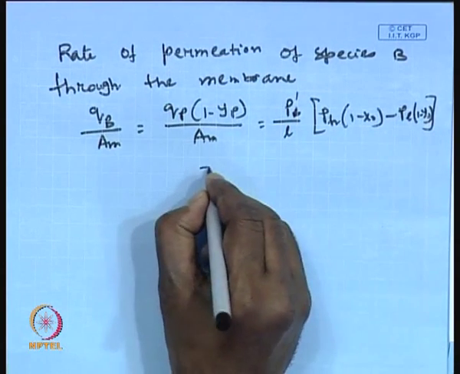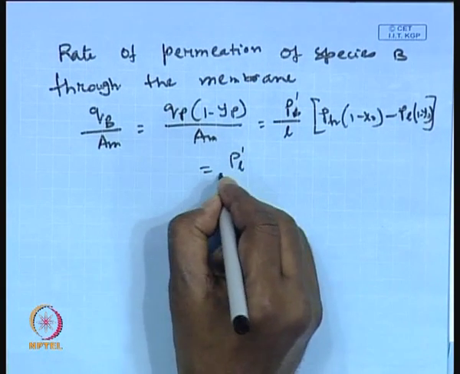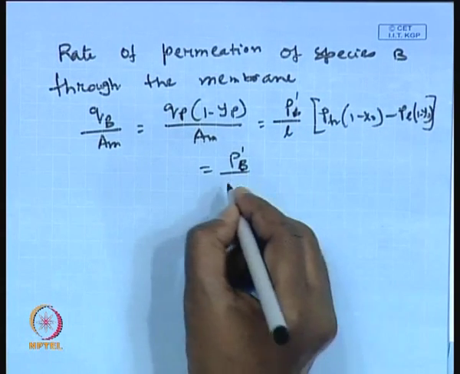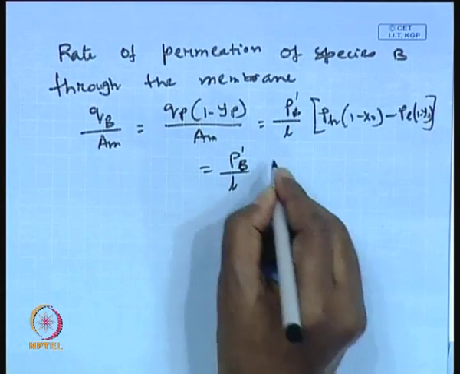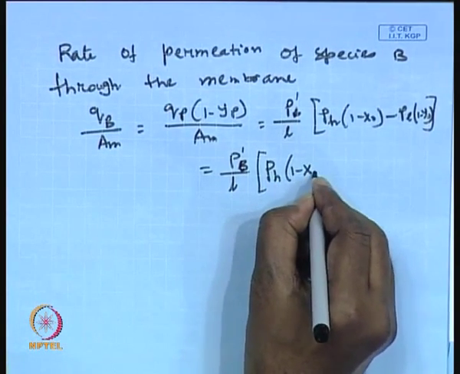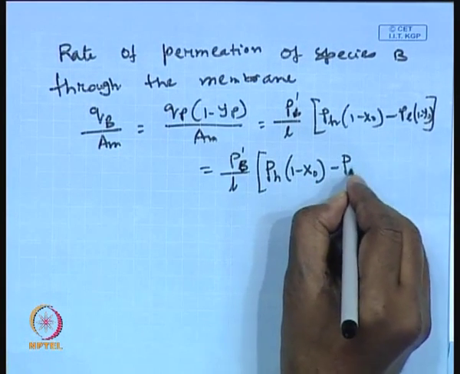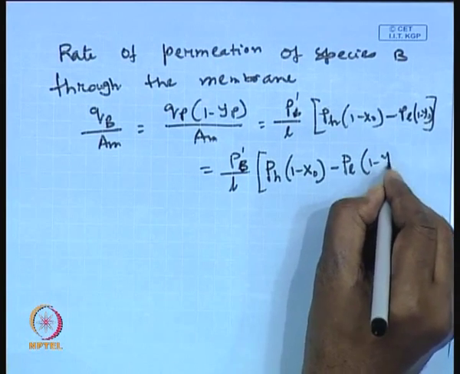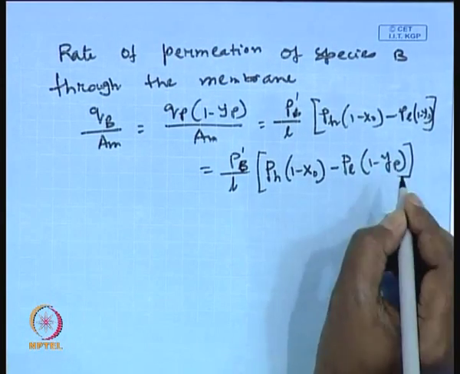So, this will be equal to, let me write it more clearly, P B prime divided by L, pH 1 minus x naught minus PL 1 minus yp.